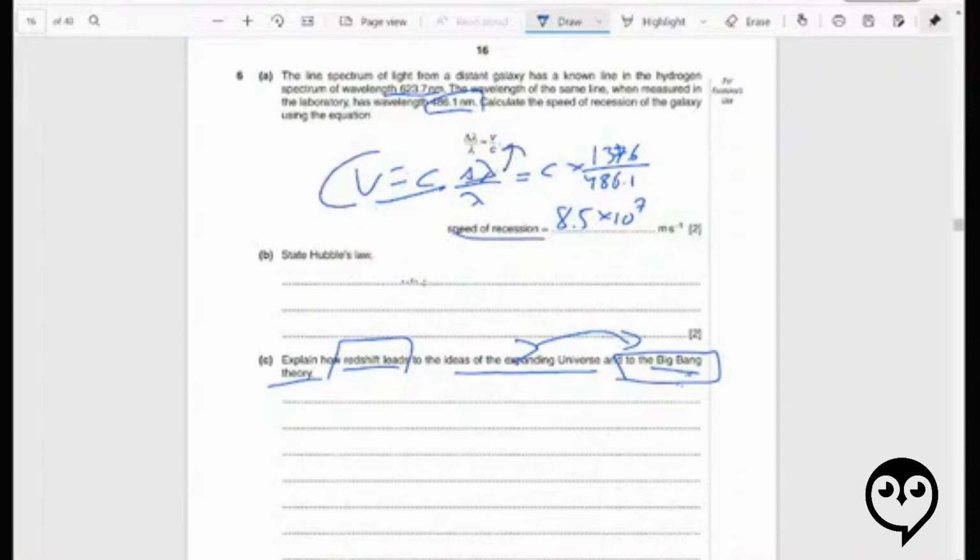So we've also noticed that the galaxies that are moving really, really fast are the ones which are furthest away. And if we trace things back, we can get back to that point. What this tells us is that the galaxies which are fairly close to us are moving away. The ones which are even further away are moving faster.